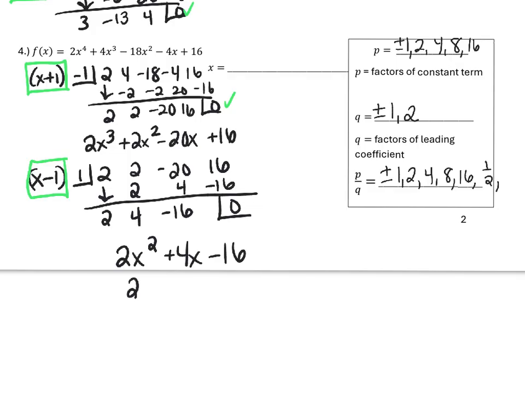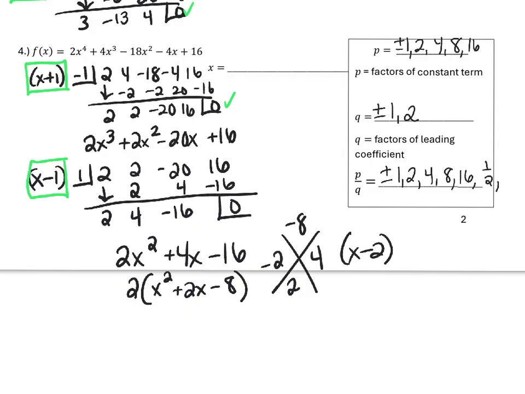Before I factor, I need to pull out that common factor of 2. X squared plus 2x minus 8. Then I can x method. -8, +2, +4, -2. So then we get x minus 2 and x plus 4.